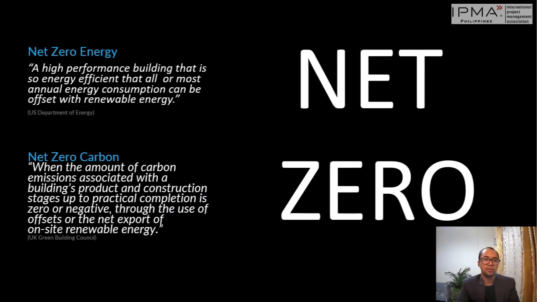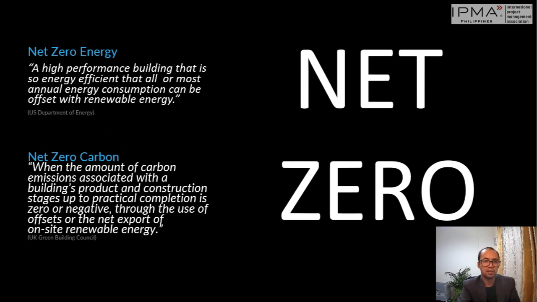So there are a lot of definitions of net zero out there, but basically the principle is the same, the main goal is the same, and that is to transform the built environment that will support the circular economy through net zero design and operation.